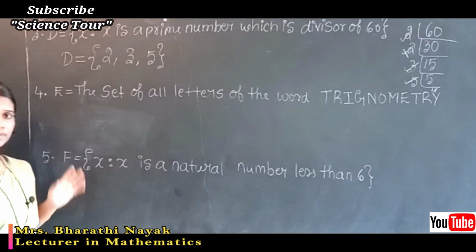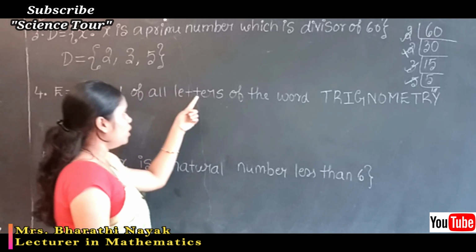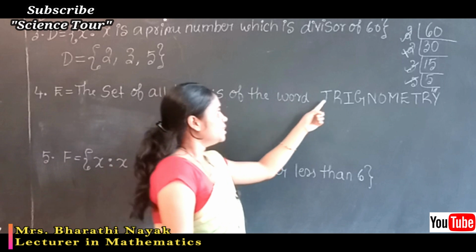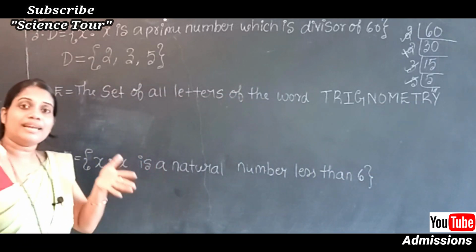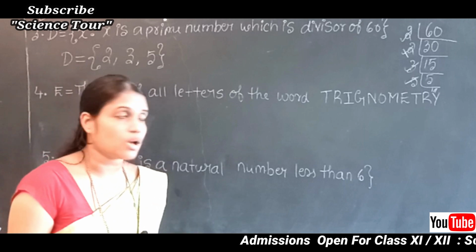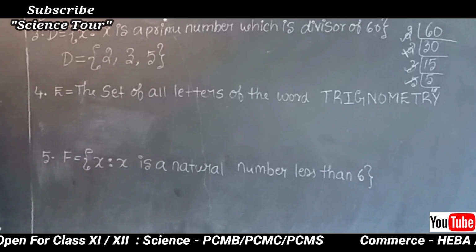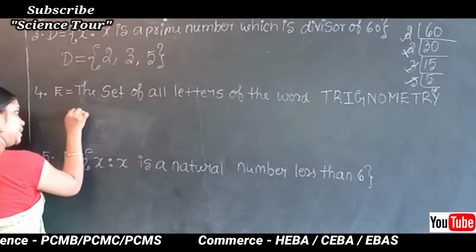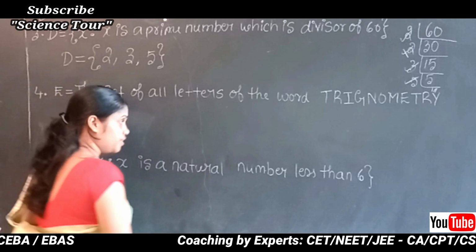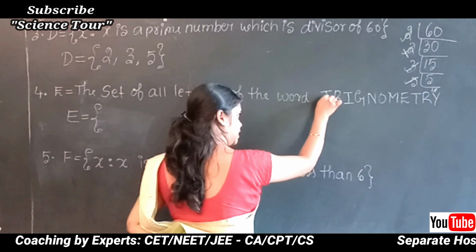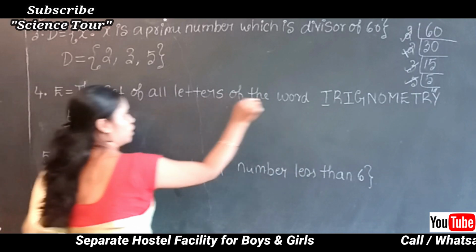The next problem, the fourth problem I will consider: E is equal to the set of all letters of the word trigonometry. You have to write the set of all letters of the word trigonometry. How to write? E is equal to the set containing. What is the first letter here? The first letter is T. Then what is the second letter?